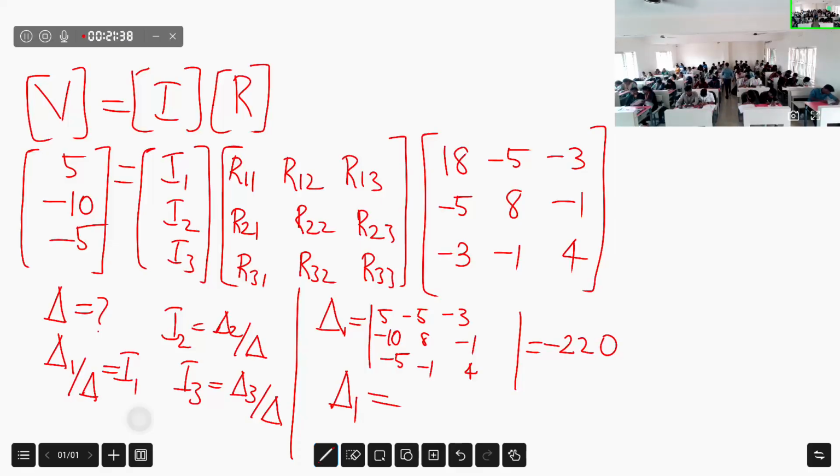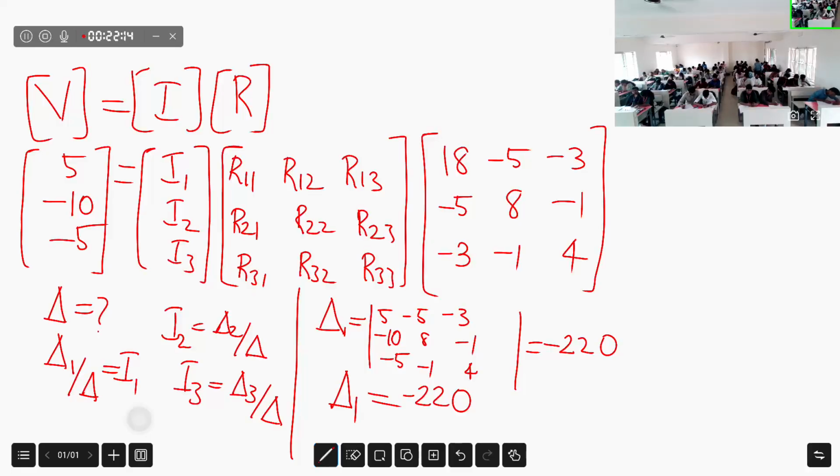Del 1 is equal to minus 220. Solve faster. Not getting another answer? Minus 220.